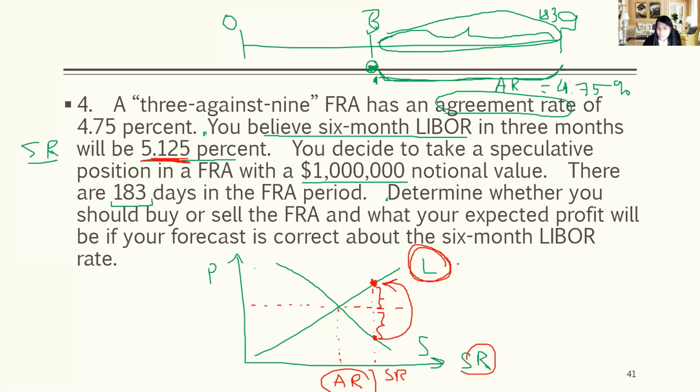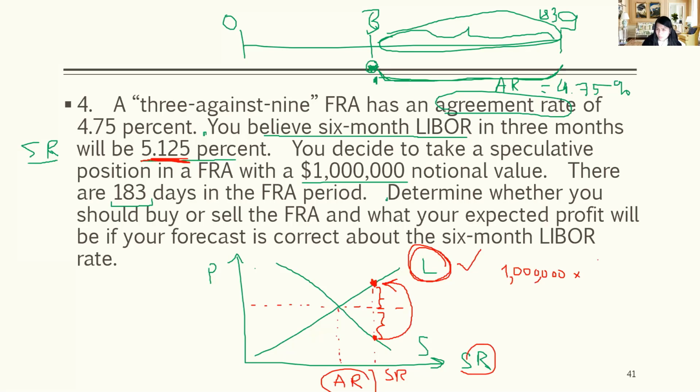Once I've identified which position to take, the next step is simply to compute the value that I will receive under the FRA. So I'm going to apply the formula that we saw before in the lecture.